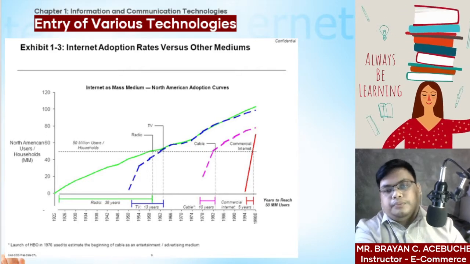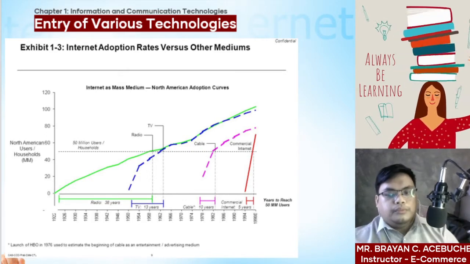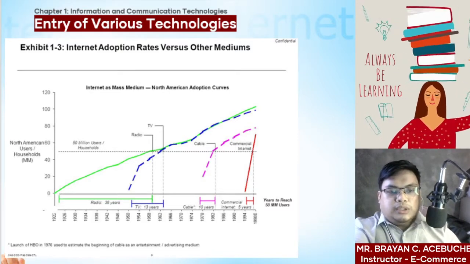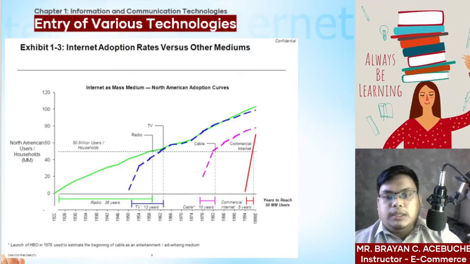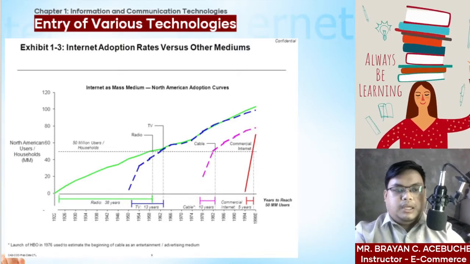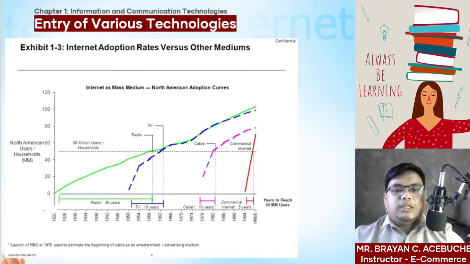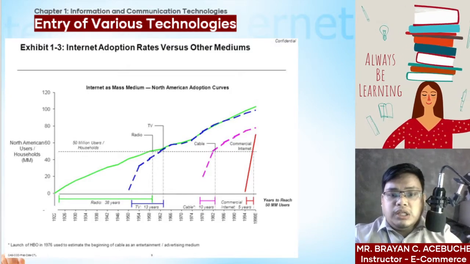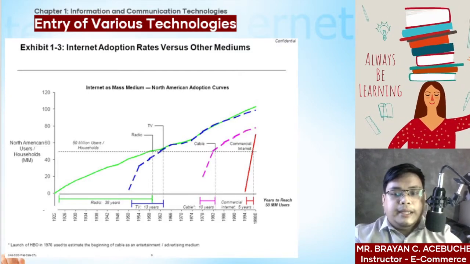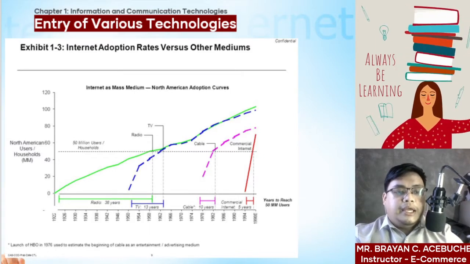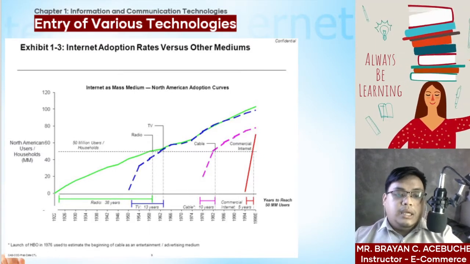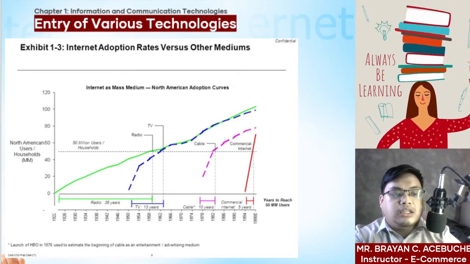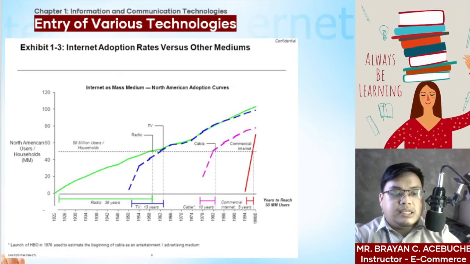Okay, so kung titignan po natin dito sa atin pong larawan, medyo umuuga yung aking screen. Okay, so the radio and television were introduced in the American market back in 1920s and 1950s respectively. The cable television was introduced in the 1980s and the internet technology in the 1990s.